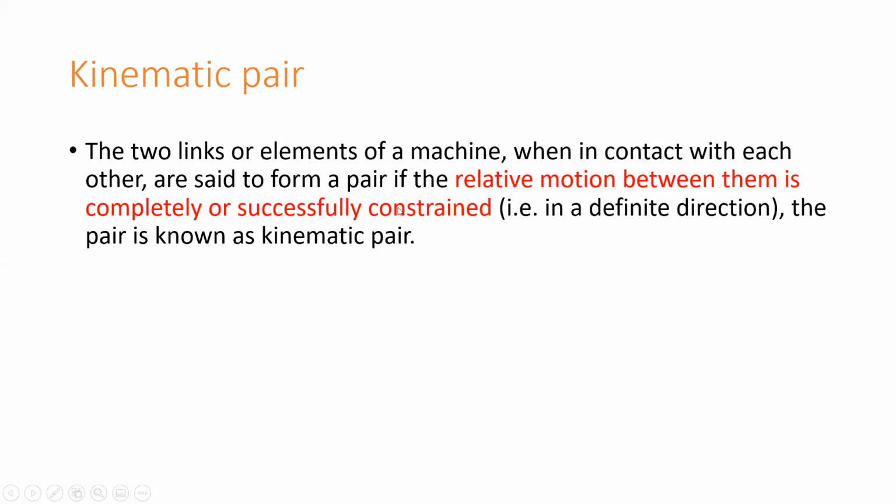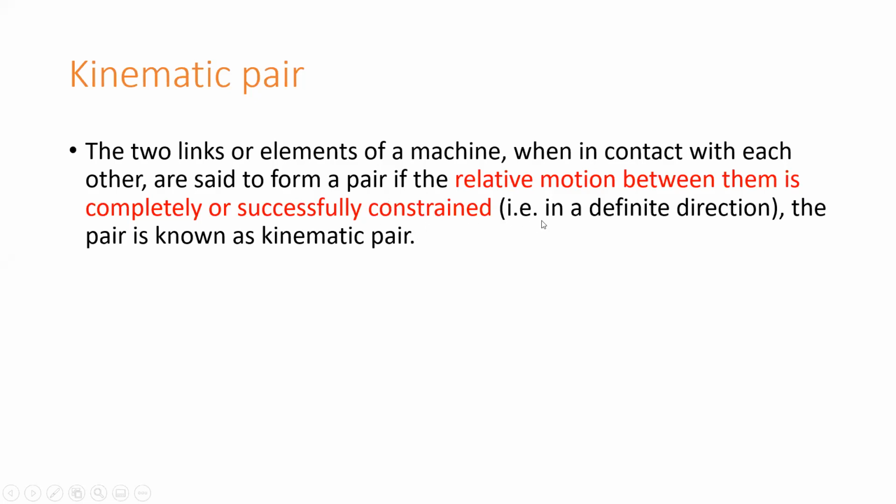So the relative motion between them should take place. If relative motion is not taking place between them, we do not consider them as separate links. So relative motion is there between two links, and that relative motion is constrained motion. What is the meaning of constrained motion?